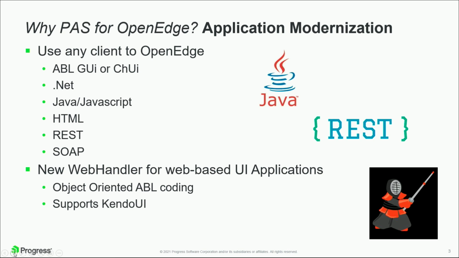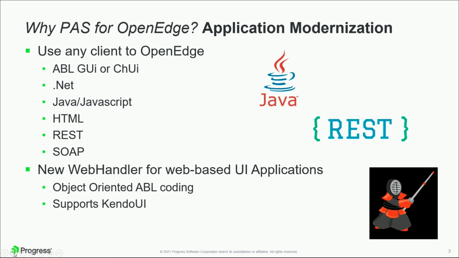So the old character UI is still supported, but it opens it up for all the modern UIs: .NET UIs, Java, JavaScript, applications that use HTML. And it allows fully RESTful sorts of applications, which some RESTful things were really difficult with the old architecture. We also still have support for SOAP.